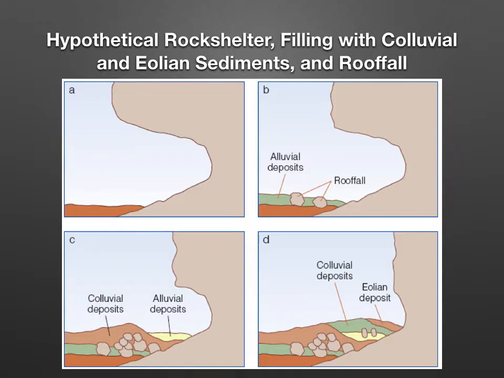A shows a side view of what a rock shelter might look like with some sort of sediment outside the rock shelter. That's the orange-looking deposit. They don't tell us what it's made out of. Let's just say that it's alluvial deposit, some kind of sands that are deposited out in front of the rock shelter.